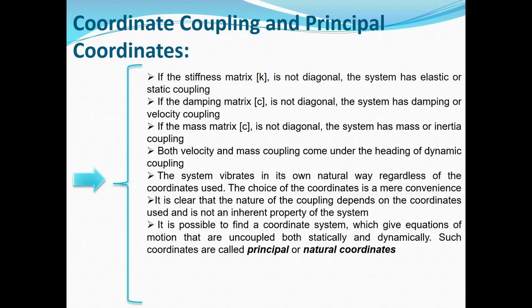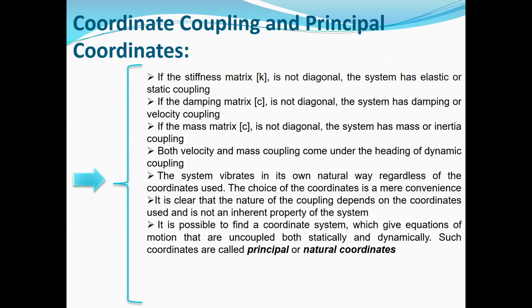And under this condition you will see that the equations of motion will be separated, and you can separately solve each equation and obtain the response for that degree of freedom.